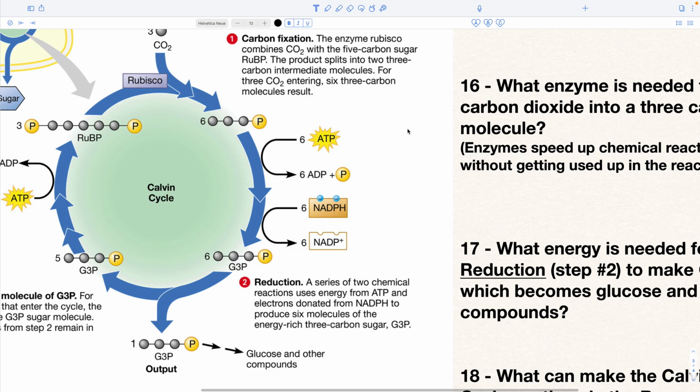This helps you remember some detail that you need in chemistry: oxidation and reduction. O in OIL is oxidation. Oxidation is loss of electrons. Reduction is gain of electrons. OIL, oxidation, loss of electrons. RIG, reduction, gain of electrons.